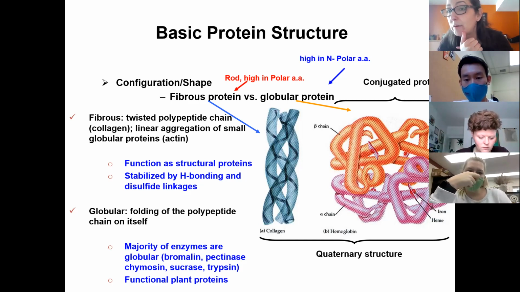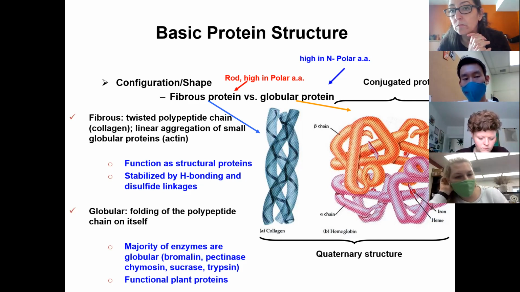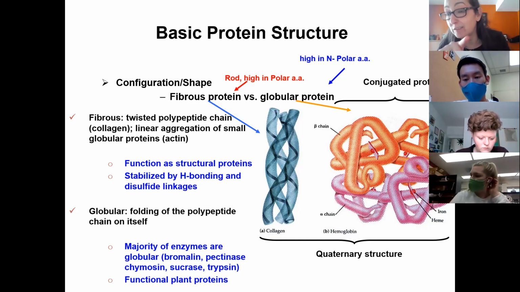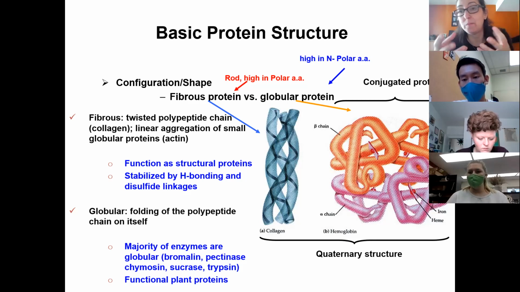Yeah, but the animal meat ones, could we say that all the animal meat proteins are fibrous? Would that be right? Yes. They form a quaternary structure that is fibrous. So you want to think about the muscle. All the muscle that comes from the meat, you have that fibrous structure.